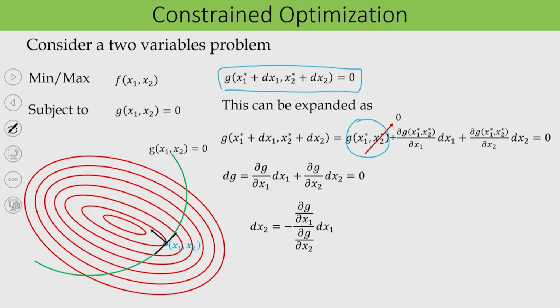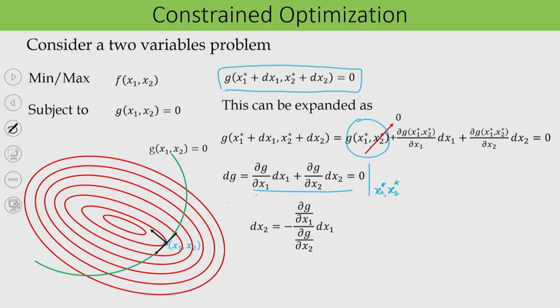So, g(x1 star, x2 star) is equal to 0, and I am left with this part, del g by del x1 dx1 plus del g by del x2 dx2, equal to 0. And what is this? This is nothing but the total derivative of the constraint function at the optimal point, x1 star and x2 star.